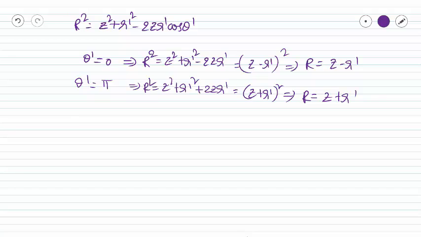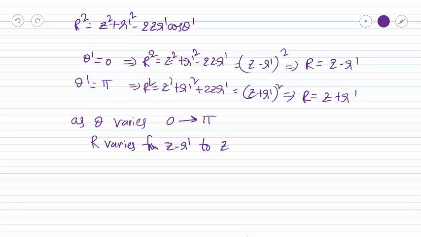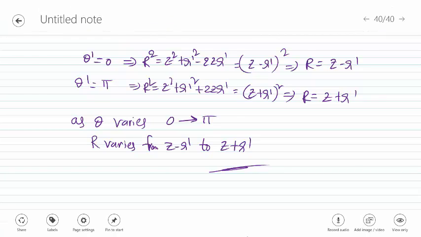That means as theta varies from 0 to pi, r varies from z minus r dash to z plus r dash. So we have to use these results in the integration. Okay, so with all these things I will write down the electric field intensity expression.